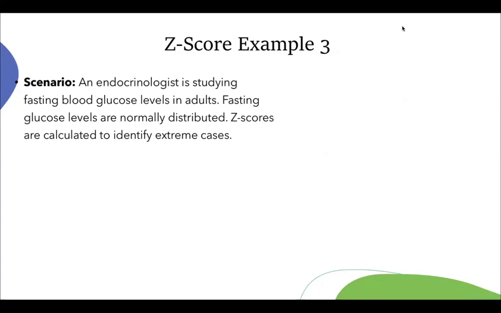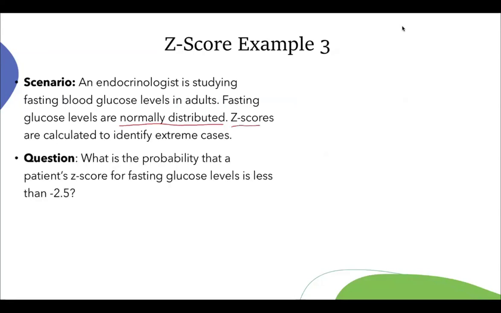An endocrinologist is studying fasting blood glucose levels in adults. Fasting glucose levels are normally distributed. Z-scores are calculated to identify extreme cases. So we know that we're dealing with the normal distribution, and we also know that we're working with z-scores here. What is the probability?